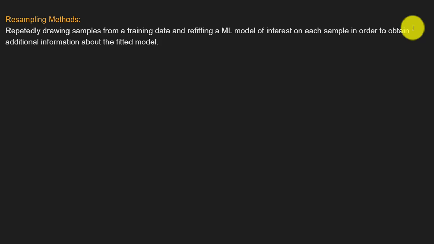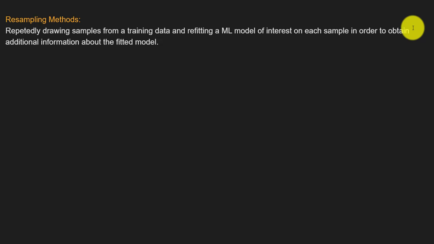Now let us first try to see why we need resampling methods. If you see my previous videos on linear regression, logistic regression, decision tree or KNN, over there we had a training data, and we just fitted that machine learning model only once, to get a fairly good amount of prediction.